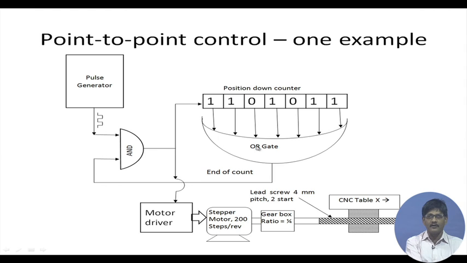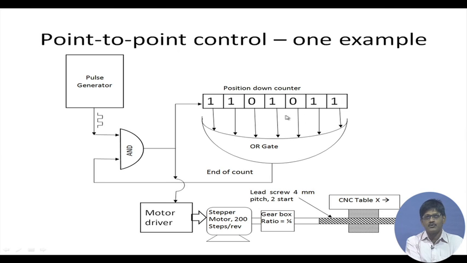The OR gate output will become 0 only if all these are zeros, which means that the OR gate is acting as a detector for the full content becoming 0. So, its output is given the name end of count. If it becomes 0, we can be sure that the content inside is 0.